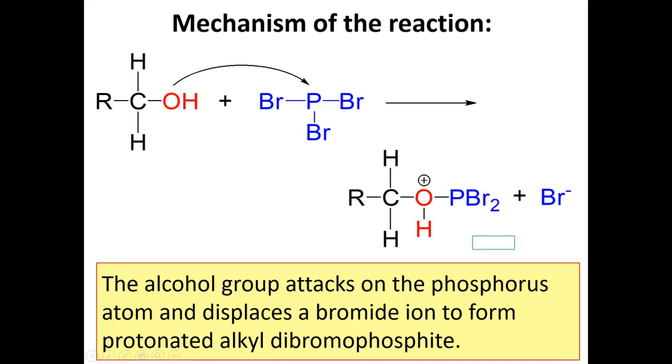The species that has more lone pairs we categorize as nucleophile, because more lone pairs means more electrons. With more electrons, the species will become more negative. So that species we categorize as nucleophile.